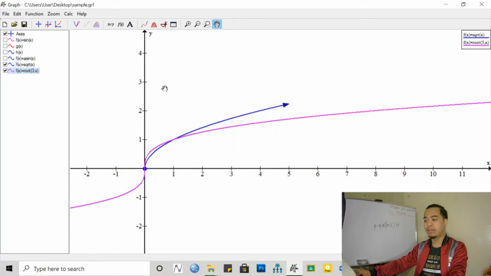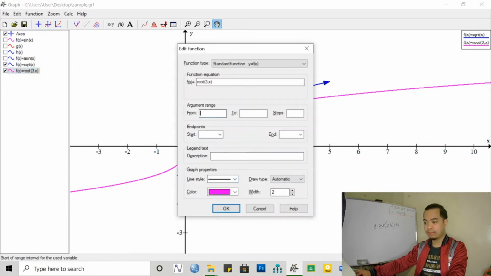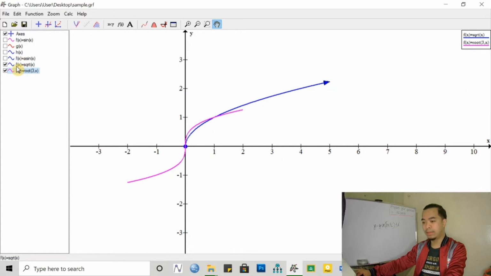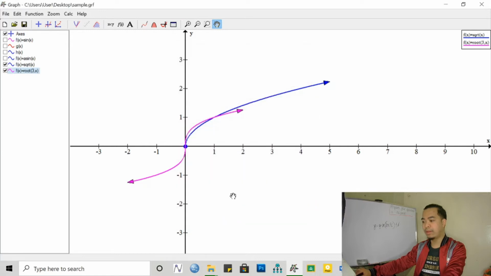Let me change the color, put it a little to the right, and restrict it from -2 to positive. Arrowheads, I forgot the arrowheads. There we have it.